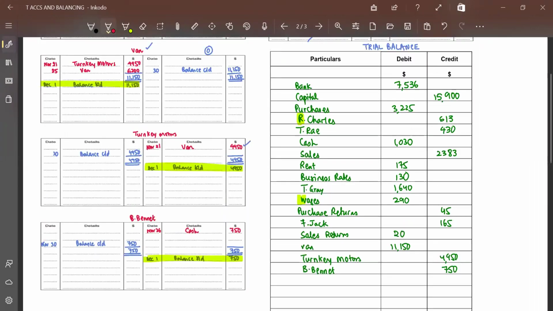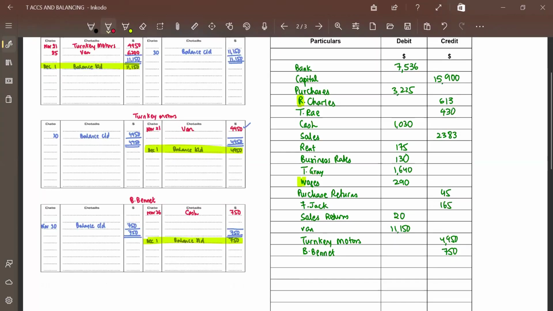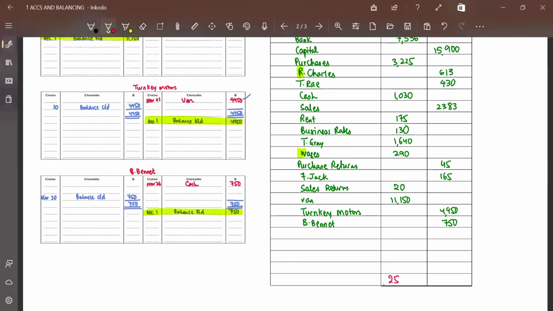So it's 7536, very carefully, plus 3225 plus 1030 plus 175 plus 130 plus 1640 plus 290 plus 20 plus 11150. Please do this two times at least. Do the total two times at least to check for accuracy.